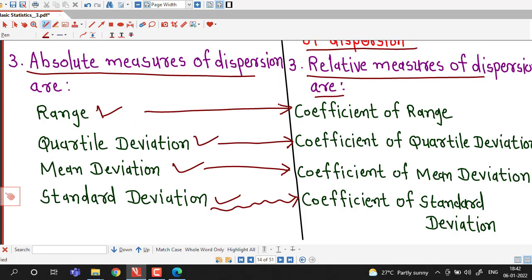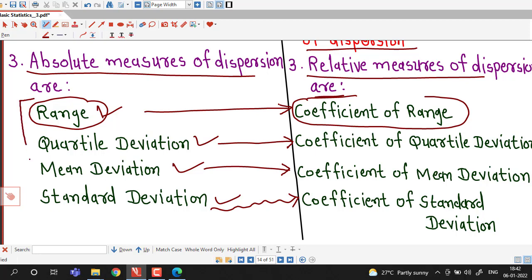Here I have written the absolute measures of deviations, and on this side the corresponding relative measures of dispersion. We have discussed all these absolute measures of dispersion and methods of computing them.